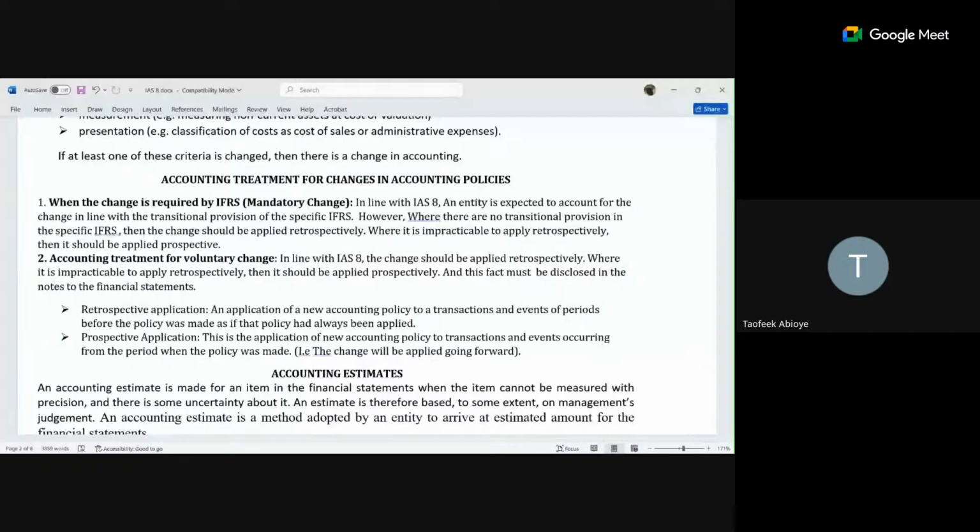However, if it becomes impracticable, impossible for us to represent our previous transactions using that new policy, then we should adopt prospective presentation of the policy.